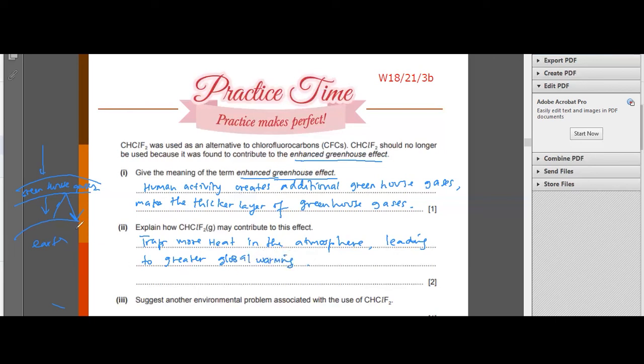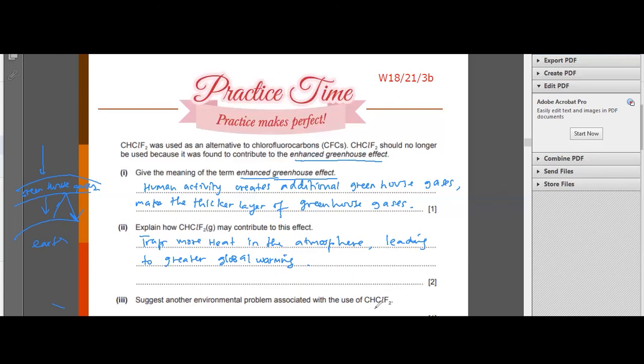Okay, you know that if the temperature increases, then ice at the North Pole or South Pole will melt, right? And then it floods, increasing the sea level everywhere, leading to greater global warming. Okay, so what is another environmental problem associated with the use of CHClF2?